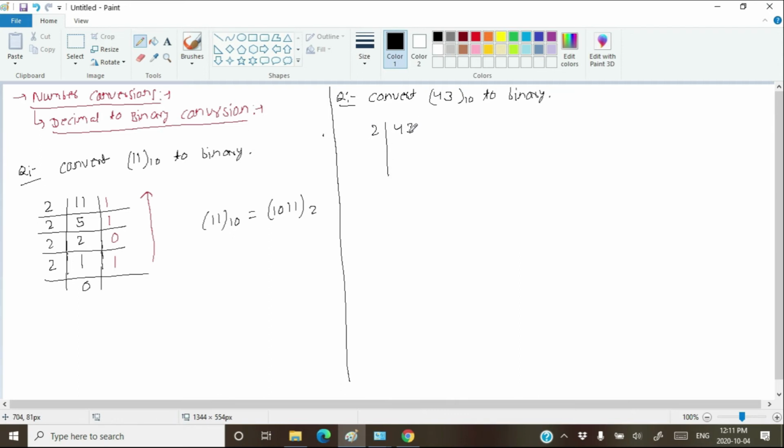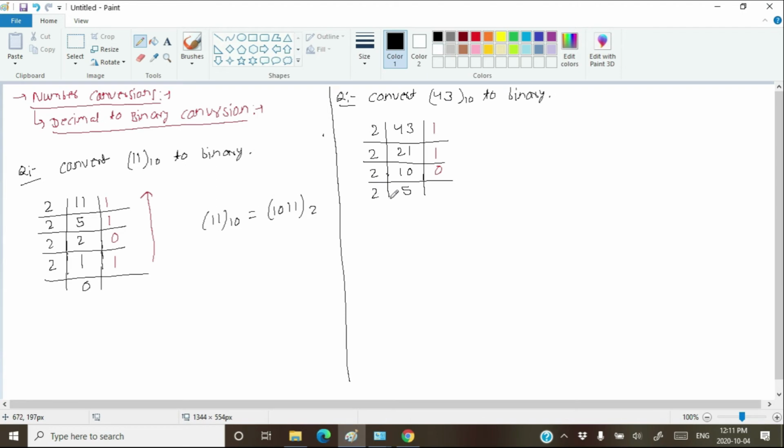43 divided by 2, you will get 21 as the quotient and 1 as the remainder. Then again you divide the latest quotient by 2, you will get 10 as the quotient and 1 will be the remainder. Then again you divide 10 by 2, you will get 5 as the quotient and 0 as the remainder.